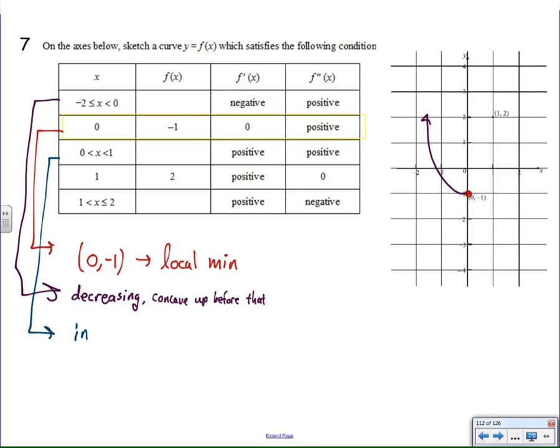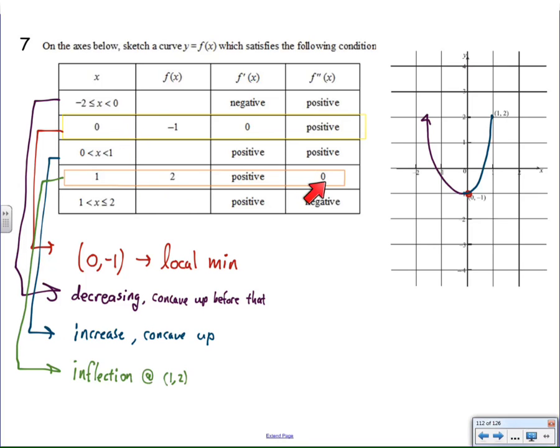And then I can see the function is increasing after x equals 0, but still concave up. So I draw a curve that increases but still concave up until I get to the point (1, 2), which is an inflection point. And the last conclusion I make is that we have an increasing function that's concave down.